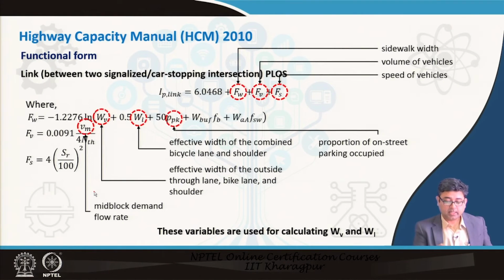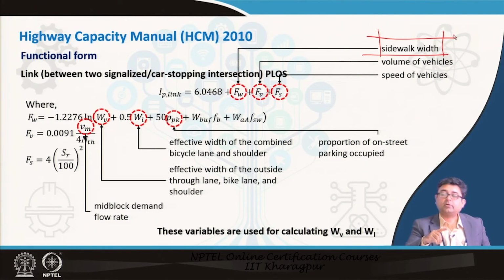If you start looking at each of these factors, FW this time is the sidewalk width. Remember last time when we were calculating the intersection pedestrian level of service score, that FW was the crosswalk, or the width of the road that you are trying to cross. In this case, it is the width of the sidewalk, because you are talking about a link. FV remains the volume of the vehicles and Fs remains the speed of the vehicle.